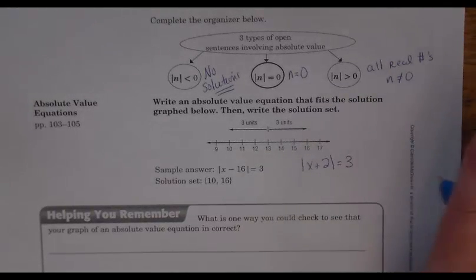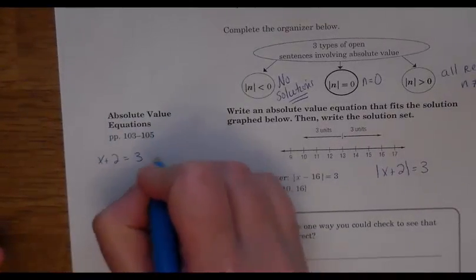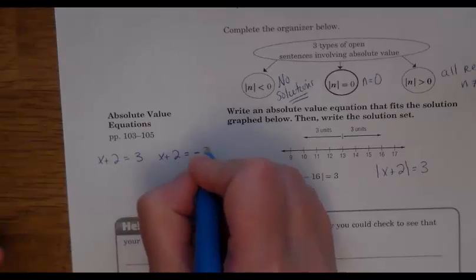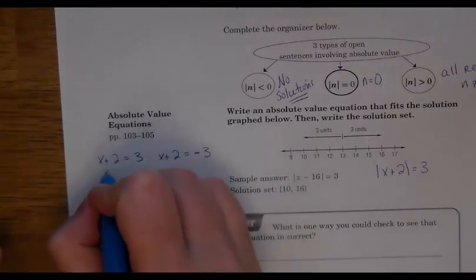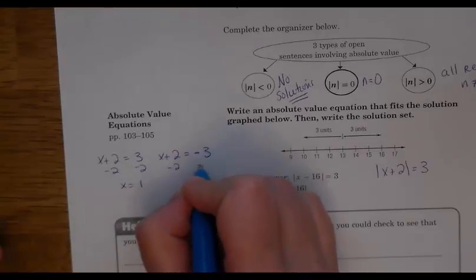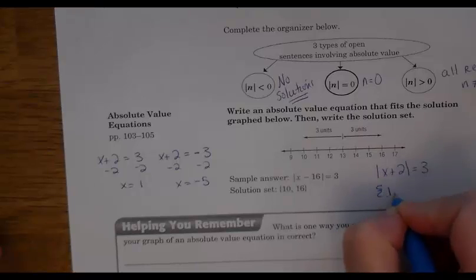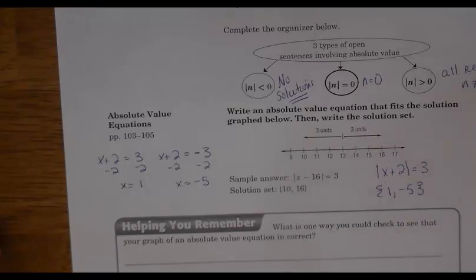And that would mean that x plus 2 equals 3 and x plus 2 equals negative 3. So I subtract 2 from both sides. I get x equals 1 and x equals negative 5. So my solution set is 1 and negative 5.